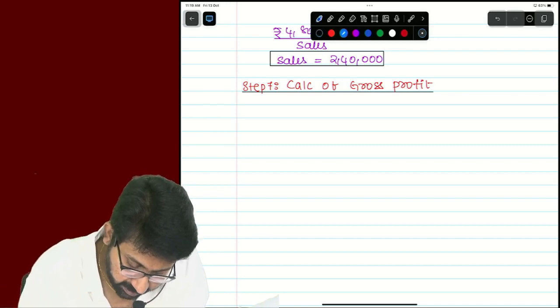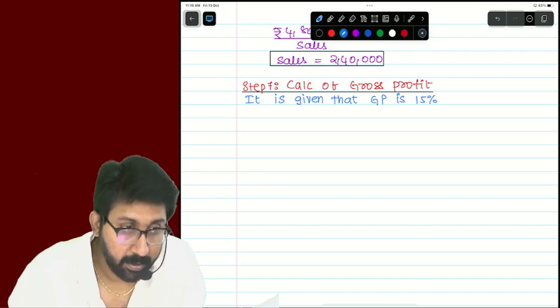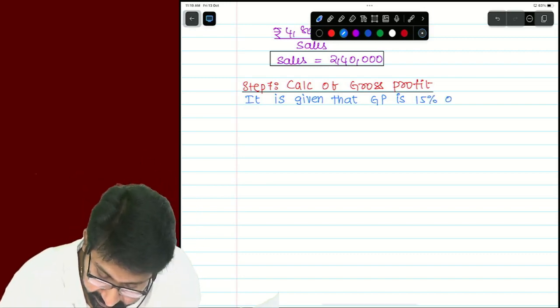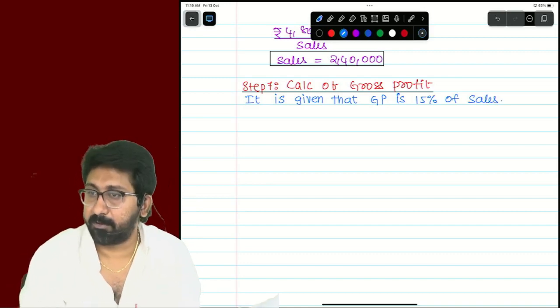It is given that gross profit is 15% of sales.